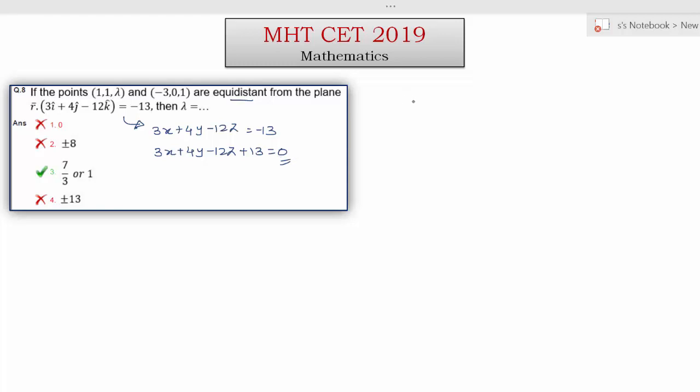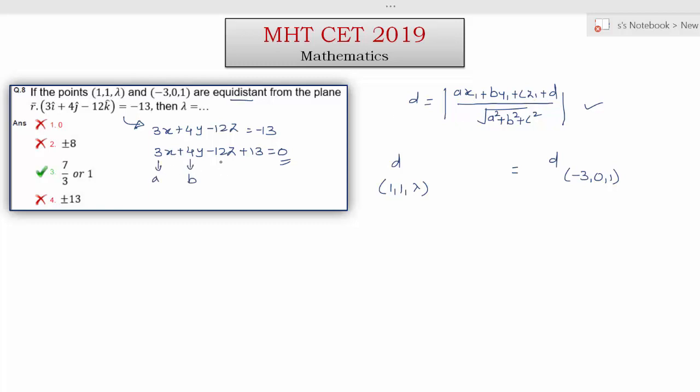Now the distance of a point from a plane has a very simple form, which is ax1 plus by1 plus cz1 plus d divided by under root a square plus b square plus c square. As given in the question, the distance of the plane from 1, 1, lambda is the same as the distance of the plane from minus 3, 0, 1. In this formula we put x1, y1, z1 as 1, 1, lambda, and a, b, c, d are these numbers.